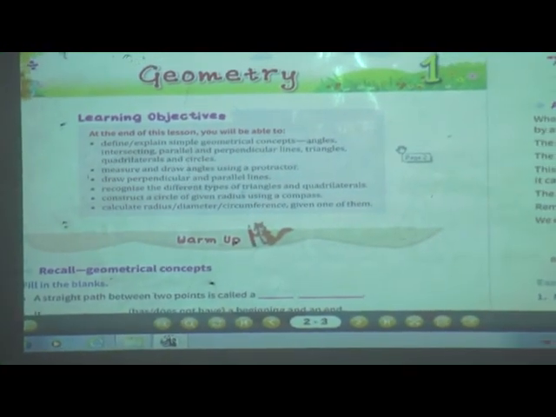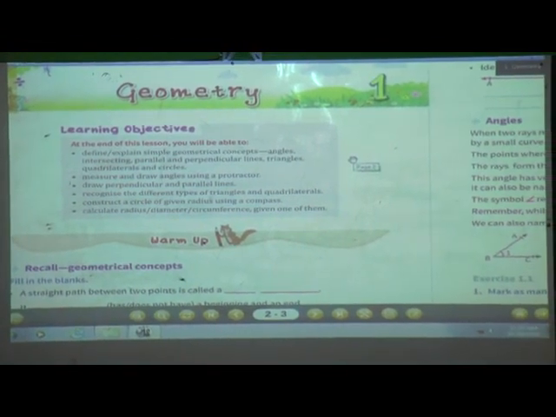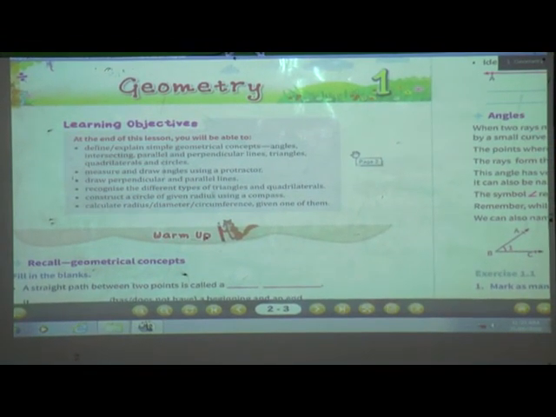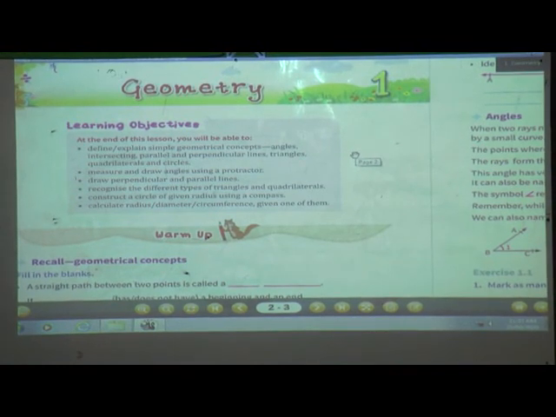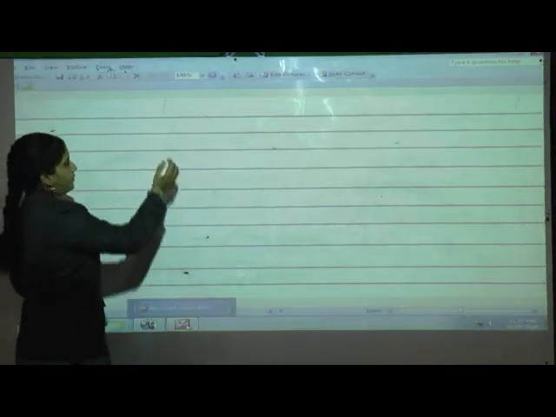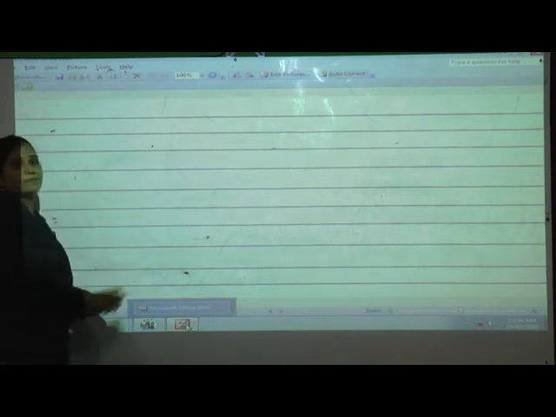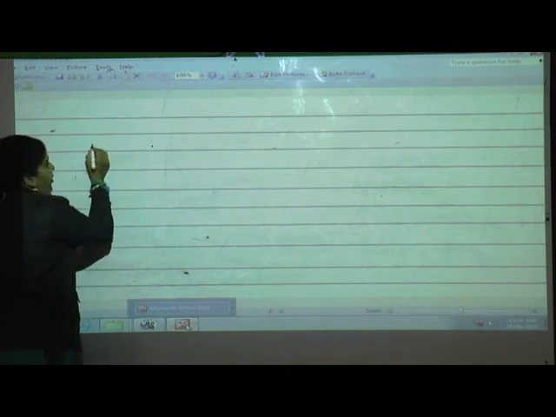In previous standard you have already studied about some geometrical figures such as point, ray, line segment. So students, we just take one recall. Tell me, what is this? Yes, this is a point.